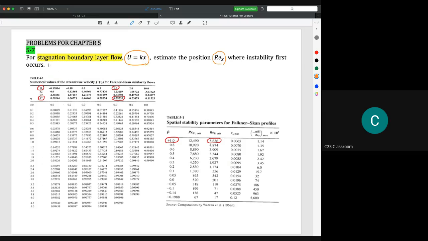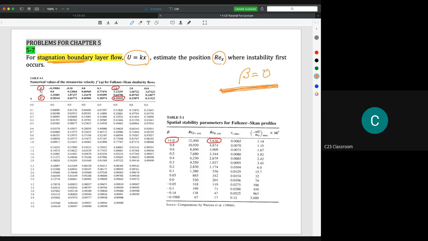So here it gives you the idea of stagnation boundary layers. In stagnation boundary layers, you must know that previously when we discussed about Falkner-Skan, we found that if the flat plate is laid horizontal like this one, we assume that the beta is equal to 0.